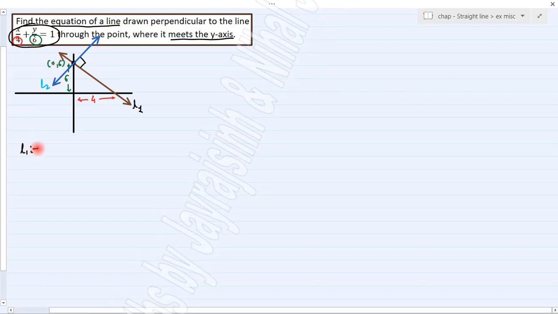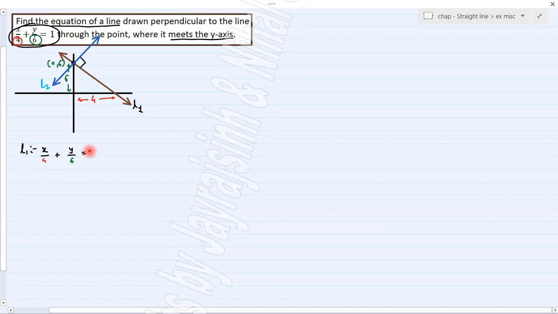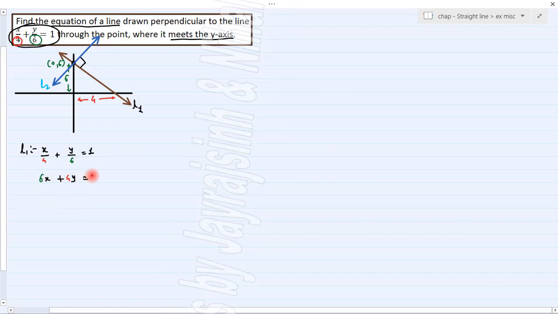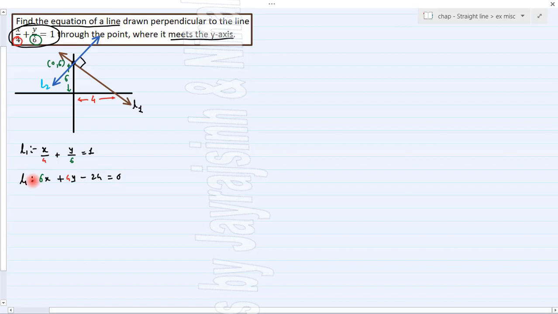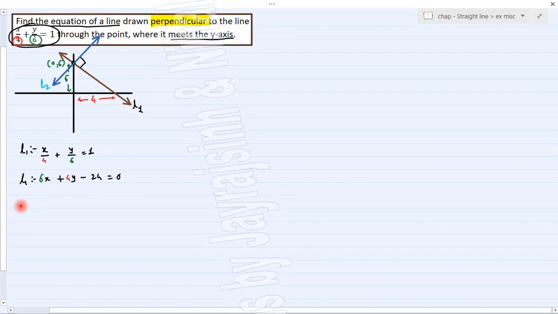Now we'll use the given equation of line x by 4 plus y by 6 is equal to 1. Or if we take LCM, we'll get 6x plus 4y is equal to 24. Or we can say 6x plus 4y minus 24 equal to 0 is the general equation of line. Now we know that our required line is perpendicular to our given line.